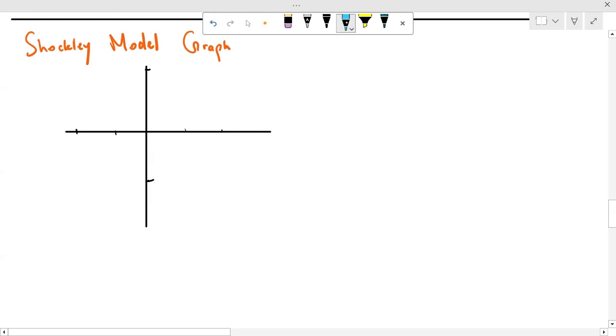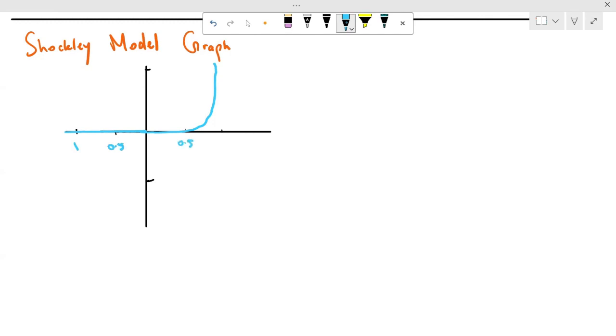In the Shockley model graph, the current in the diode is most likely to move like this. Where it's pretty much 0 at 0 and 0.5.